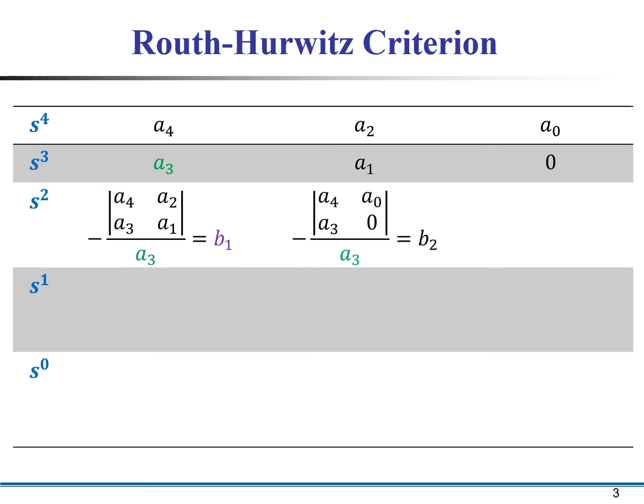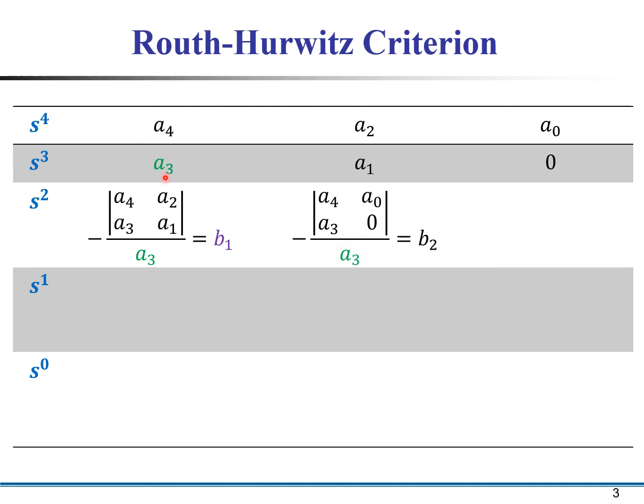Similarly, we calculate the second element of the row. In the second element, just note that this column is the same as in the previous determinant, only this column is changing. From here we copy the column and put it over here.